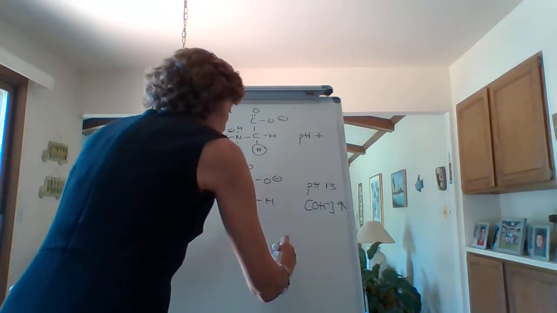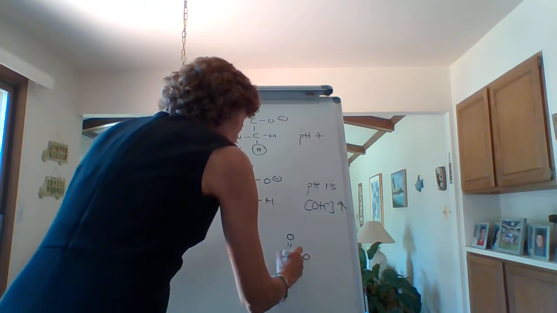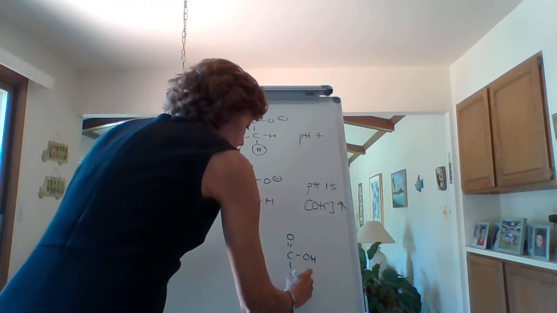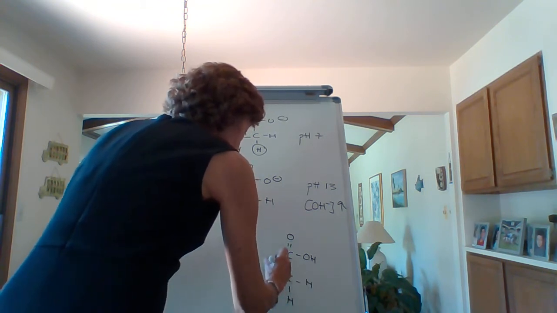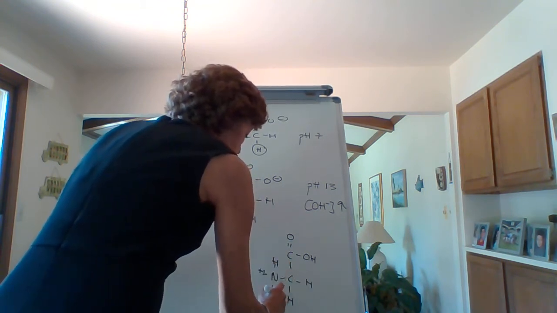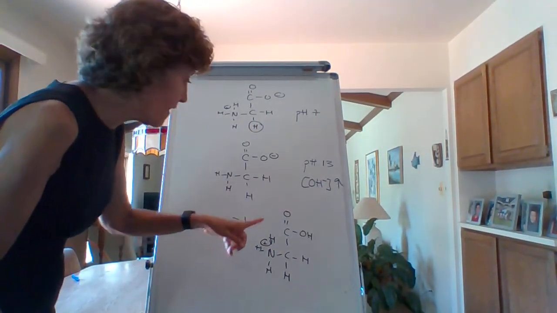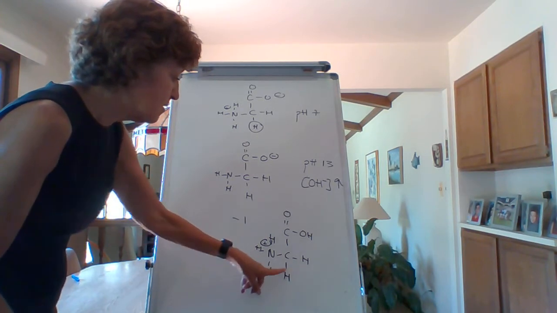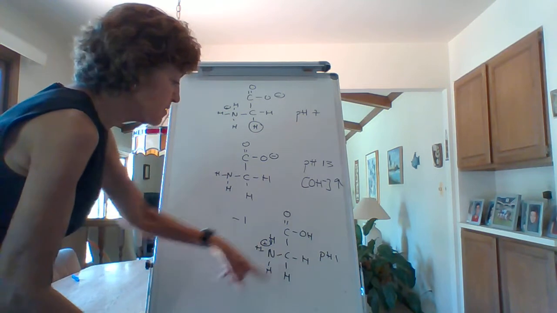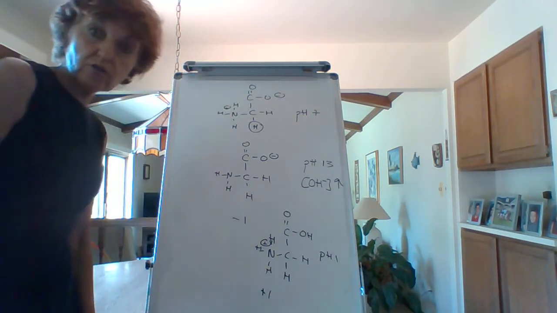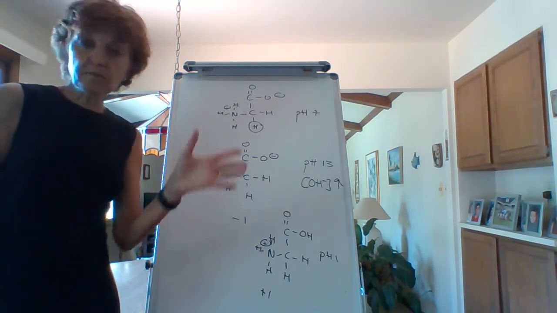Let's redraw the one that we had earlier at a very low pH. This is glycine at a super low pH. What does glycine look like at a super low pH? pH 1, like this. So it's going to have a positive 1 charge. And this is going to be the case for all amino acids.